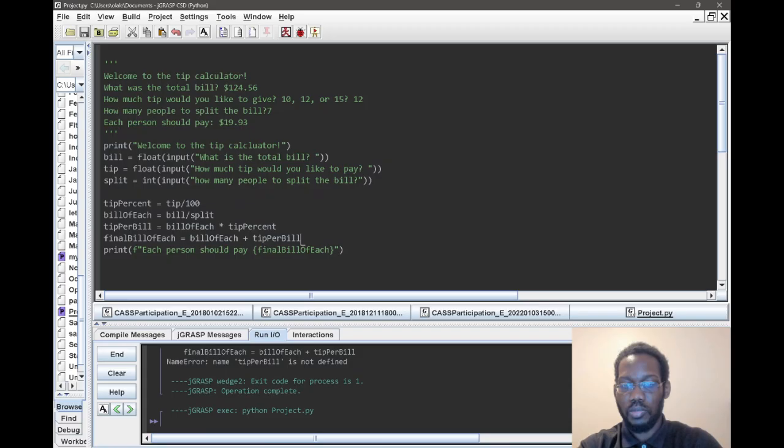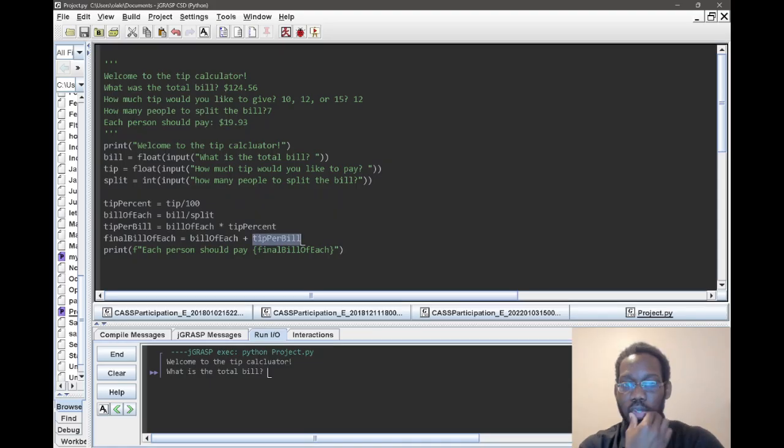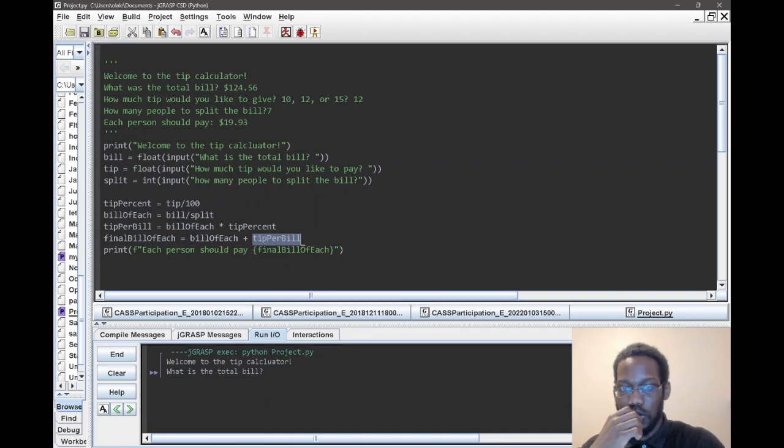It's hard to do it over here because with PyCharm or any other compiler, you could click on any variable and it would highlight the matching variables, but now we're using JGrasp, so we have to be extra cautious. That's why I like to run the compiler to catch all the errors for me.